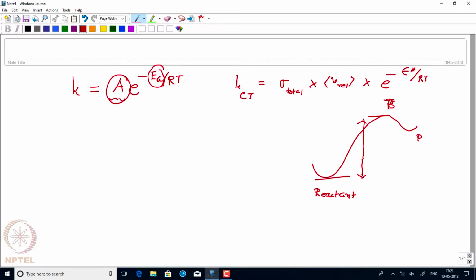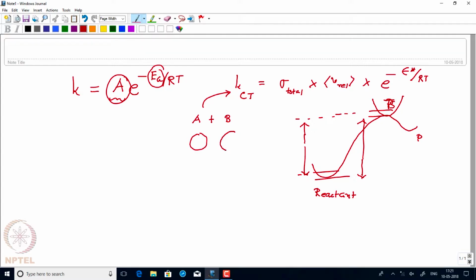Now, you will see that we can think in a more rigorous way, where both the reactants as well as the transition state have some vibrational structure, and in that case E star denotes the difference in the zero point energies. So, that correction will be made here. But whatever the situation, for a two body collision like A plus B, where A and B are structureless hard spheres, it should give me back the collision theory rate expression.